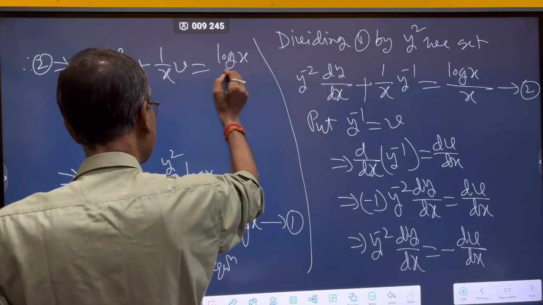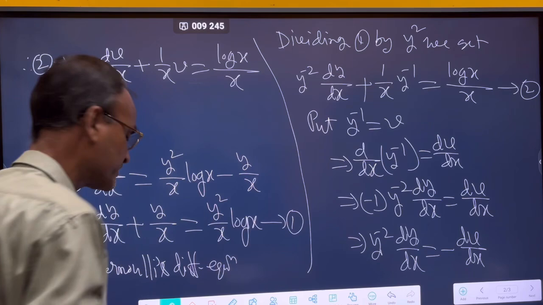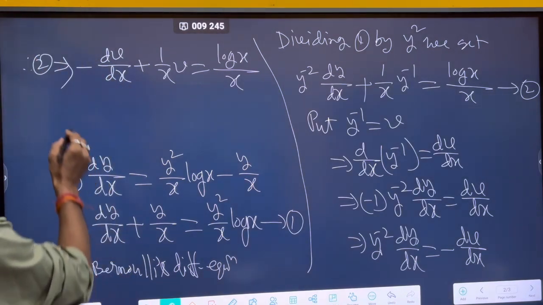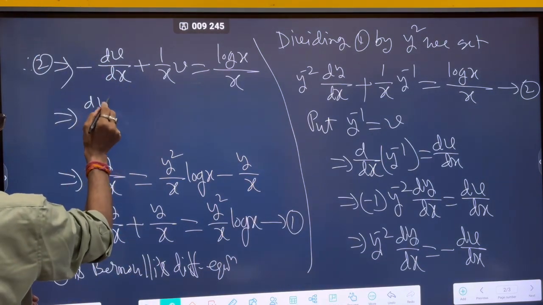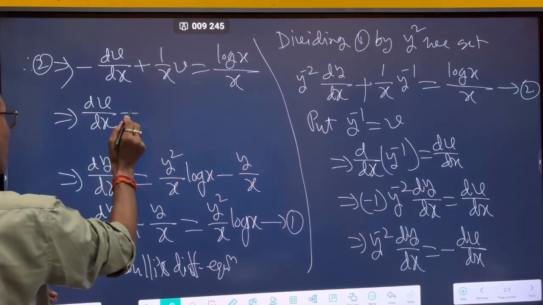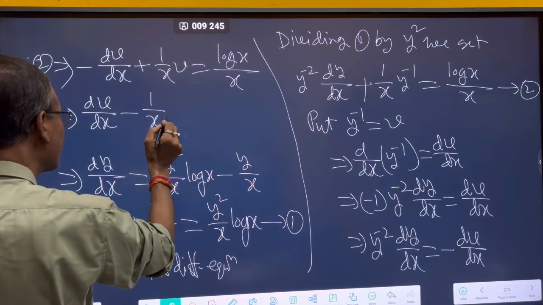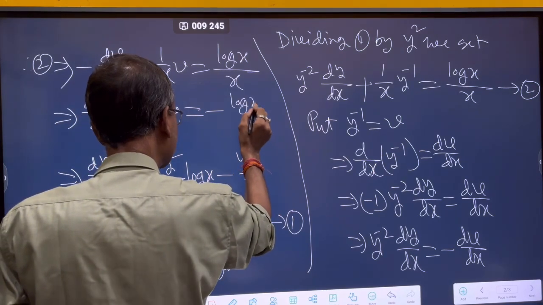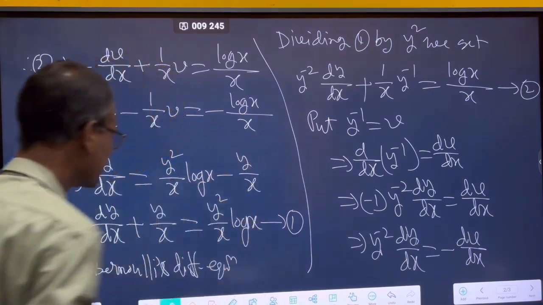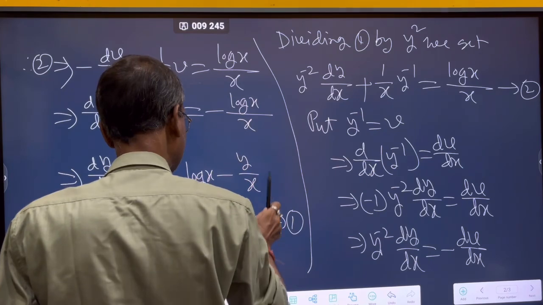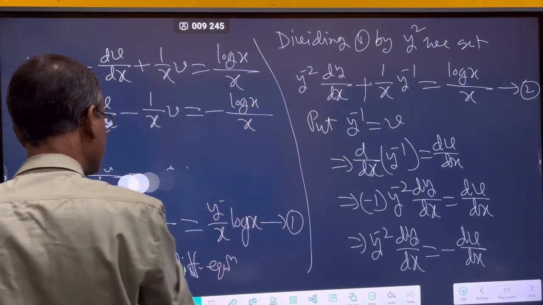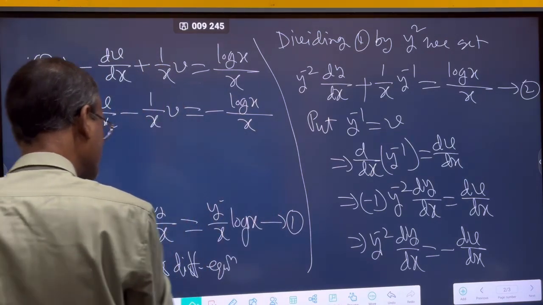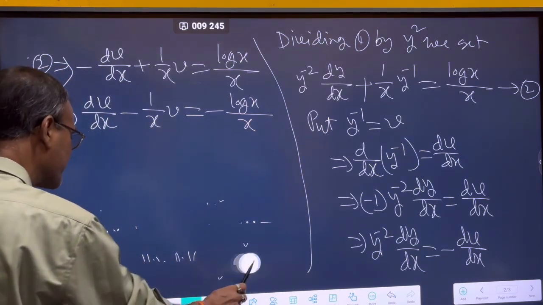This means dv by dx minus 1 by x v equal to minus log x divided by x.